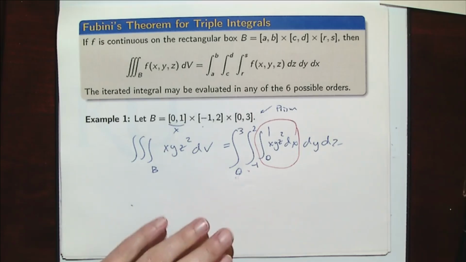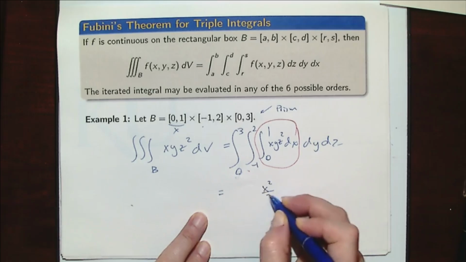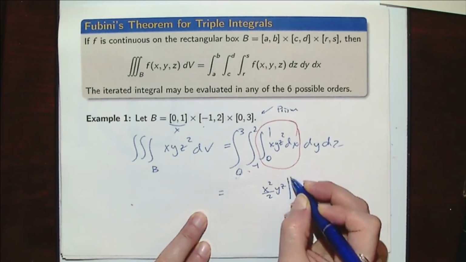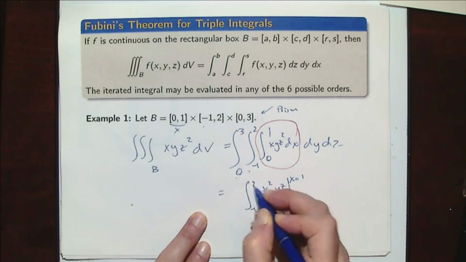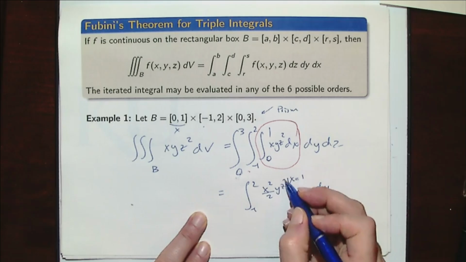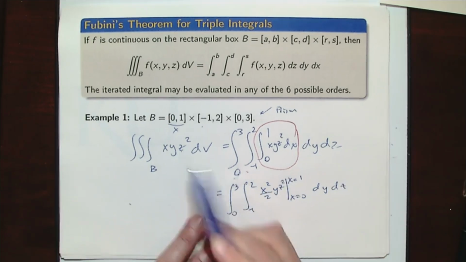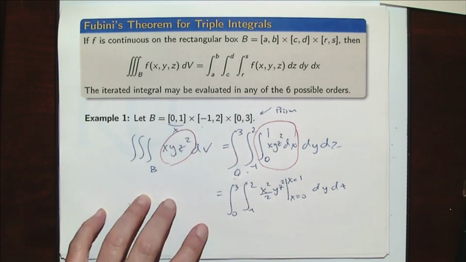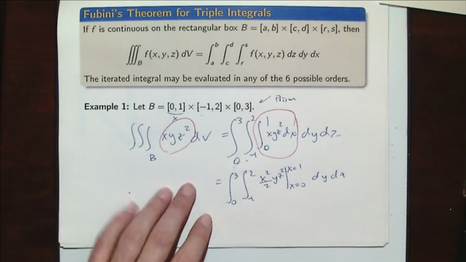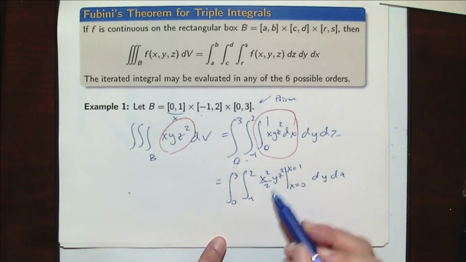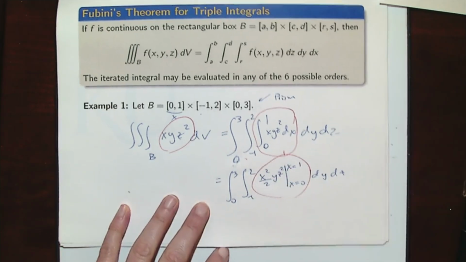So this one is going to be x squared divided by 2, y z squared, x from 0 to 1. Z squared, thank you. The original integrand was z squared. I just don't copy well. So Andrew caught me. Now x squared over 2 is because I took the integral. That's the most inner.